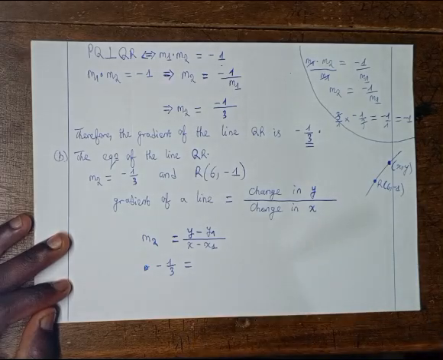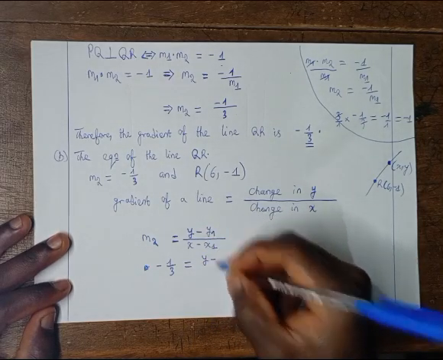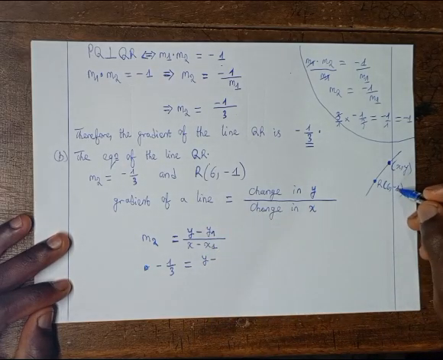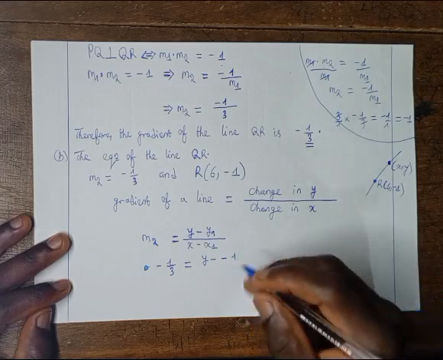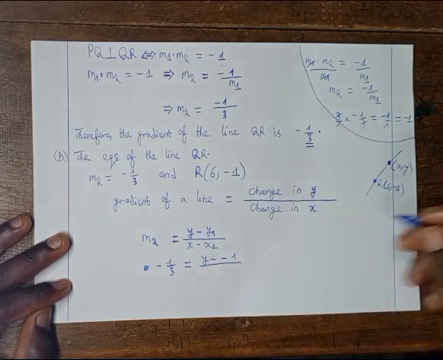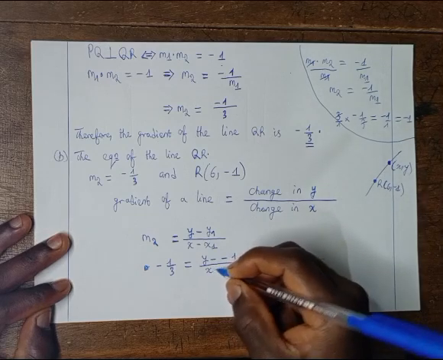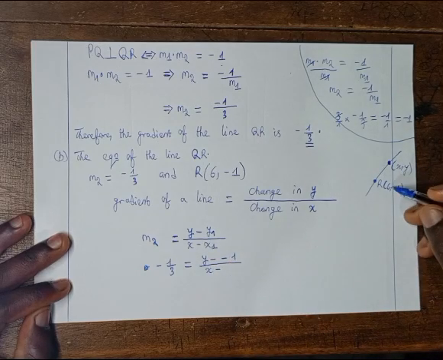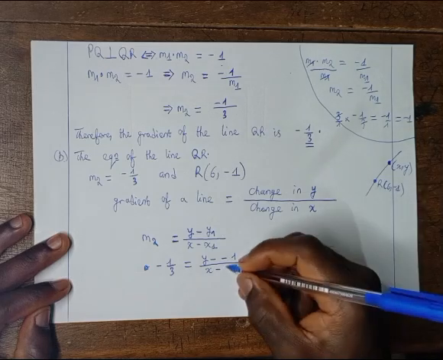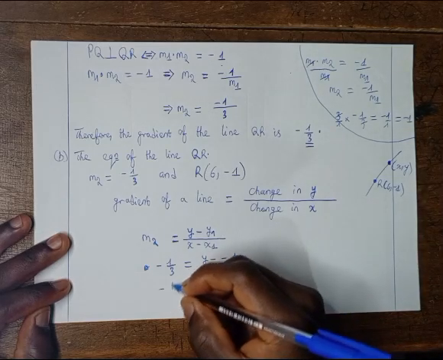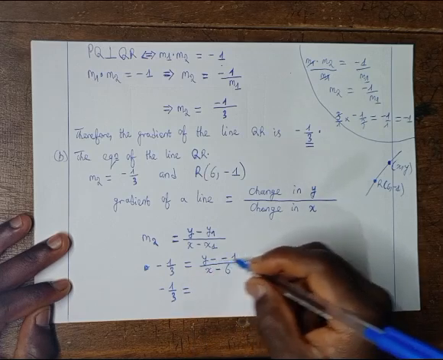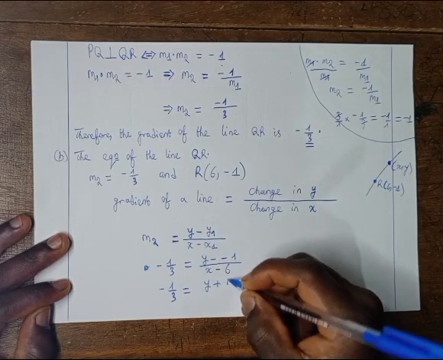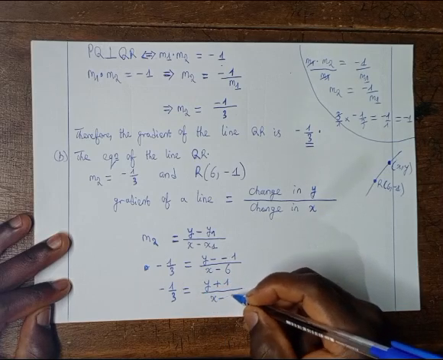Negative 1/3 will simply be equal to y minus y1, where y1 is the y coordinate of the point R, which is -1. We must put the negative sign, all over x minus x1, where x1 is the x coordinate of the point R, 6. This will give us negative 1/3 equal to, when we have two negative signs it becomes positive, y plus 1 all over x minus 6.